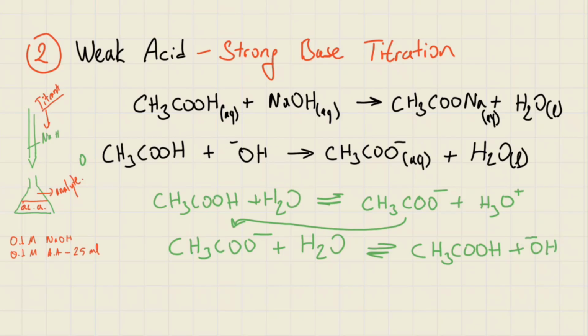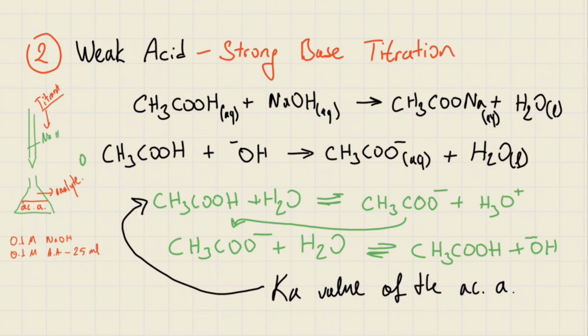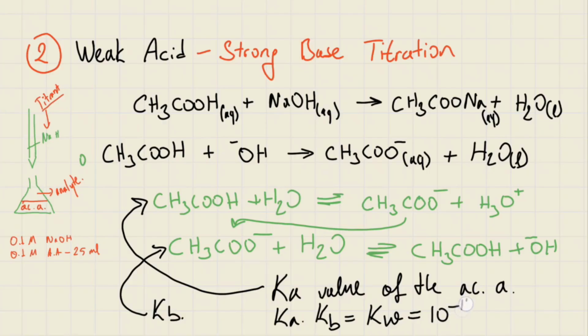But to calculate the pH, we will need to know the Ka value of the acetic acid for this reaction. And also we may calculate the Kb value for this reaction, since Ka times Kb equals Kw, 10 to the minus 14 at room temperature.